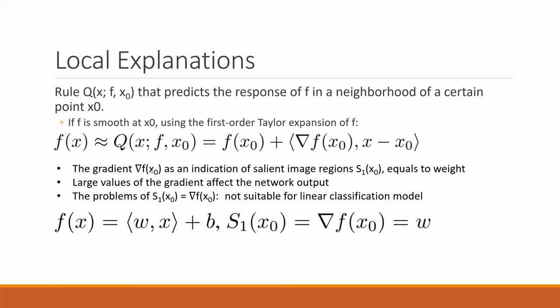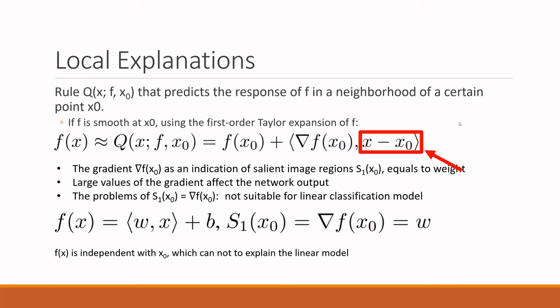The gradient of f at x0 serves as an indication of the saliency map S1 at x0. A large gradient value affects the network output, so the second equation is not suitable for a linear classification model, because f of x is independent of x0, which cannot explain the linear model.